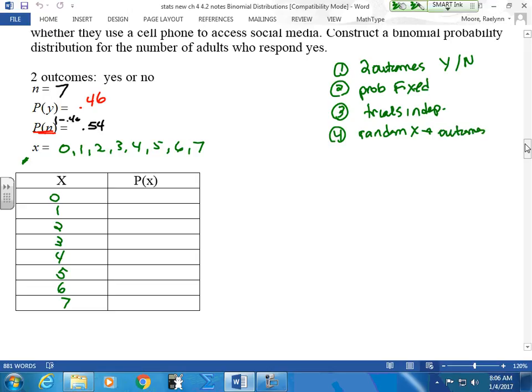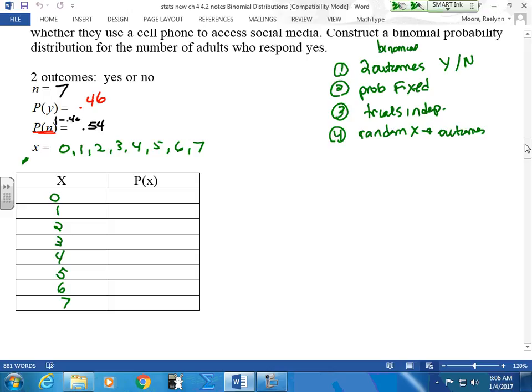Okay? The fact that it is a probability distribution is where the probability is 0 to 1 and the sum is 1. That's the separate part. This is the part that makes it a binomial. It has to qualify first to be a probability distribution, which we did.